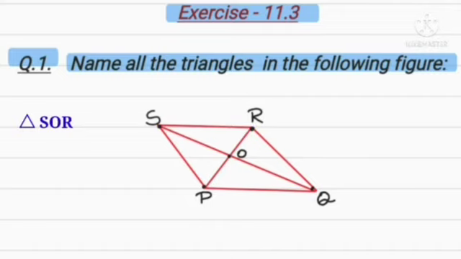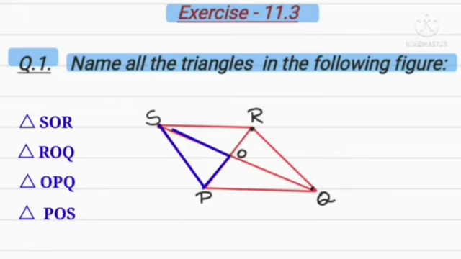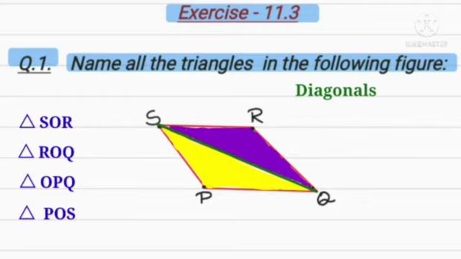Next, triangle ROQ. Number 3, triangle OQP. Number 4, triangle POS. Now, let's see the big triangles here. First see the diagonal SQ. It divides the quadrilateral into two triangles.